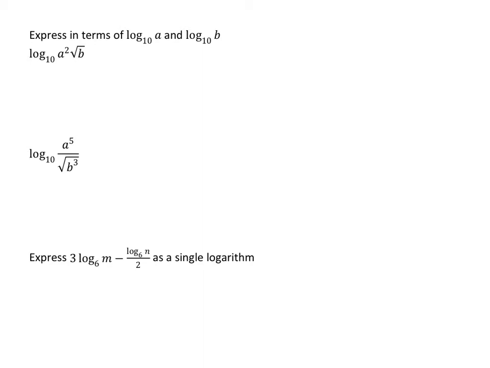The first step is to say the logarithm base 10 of A squared plus the logarithm base 10 of the square root of B. Now I know square root of B is really an exponent, so I'm going to remove that and say B to the 1/2 power.